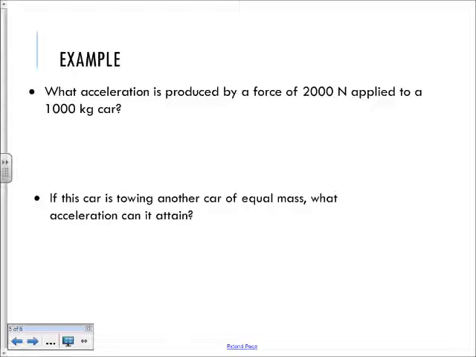The first example says, what acceleration is produced by a force of 2,000 newtons applied to a 1,000 kilogram car? So first we draw a diagram. And this car is 1,000 kilograms, and we apply a force of 2,000 newtons.